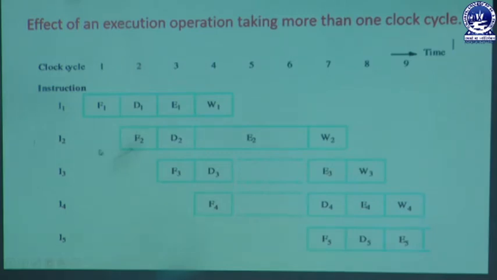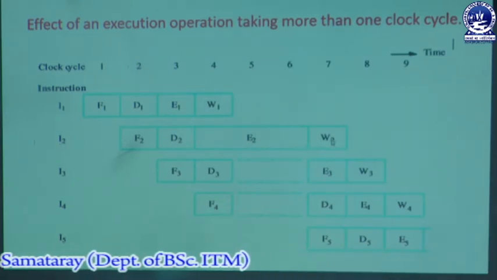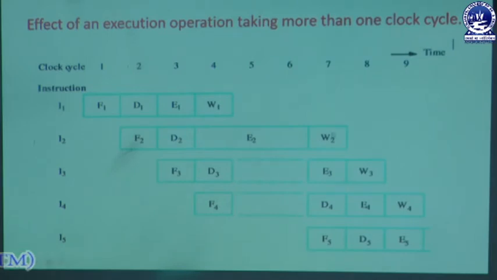Then I2 will go for decode, and then for execution. But when it goes for execution, some problem may arise due to which the instruction needs more than one clock cycle. Here you can see it takes clock cycles 4, 5 and 6, that is 3 clock cycles, and at the end of the 6th clock cycle the execution of I2 is completed. Then it goes for the write operation in the 7th clock cycle.